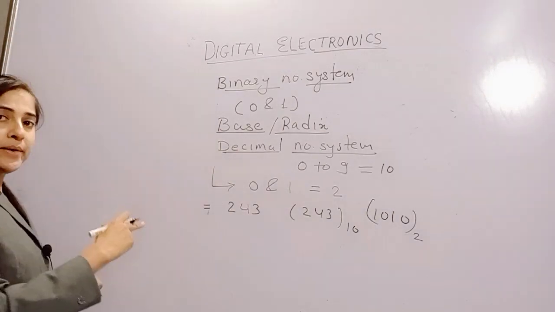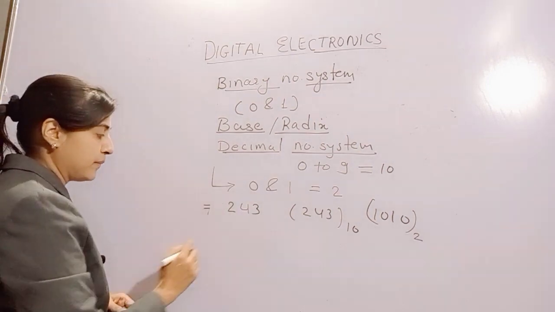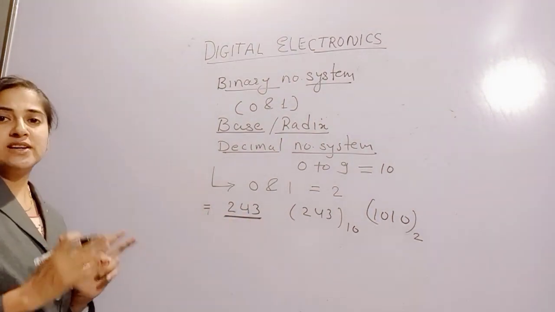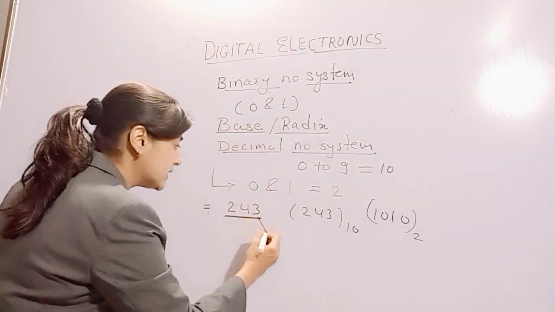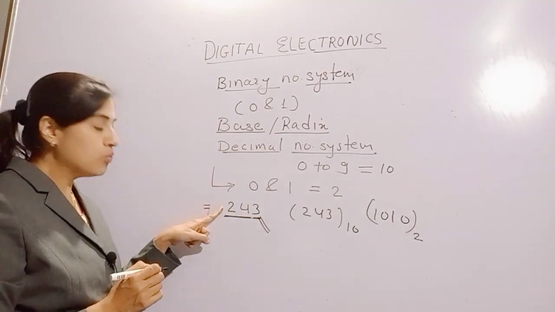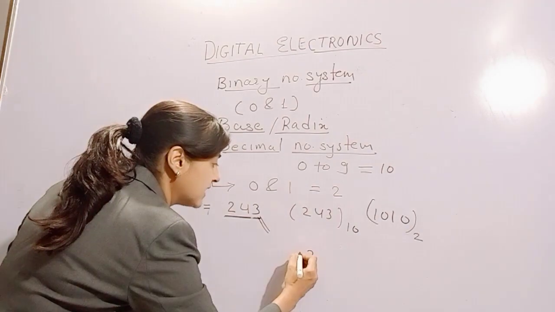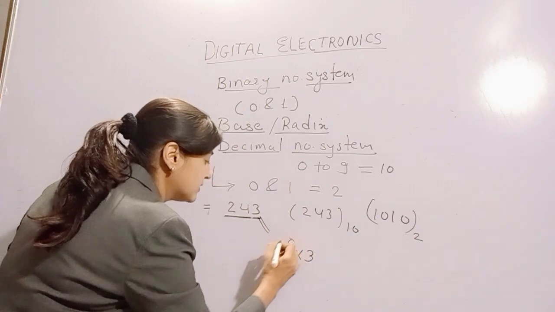Now coming back, in the decimal number system, 243 is a decimal number. Every number system has a certain weight associated with it. For example, this digit is the least significant digit, and this is the most significant digit. The least significant digit has the weight 10 raised to 0.